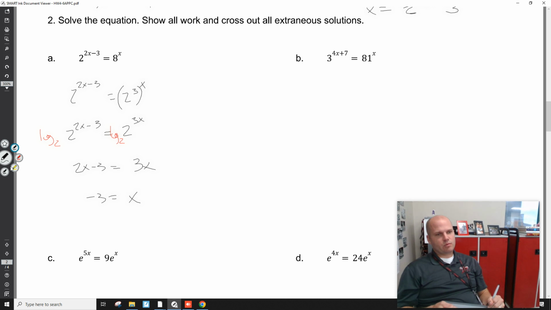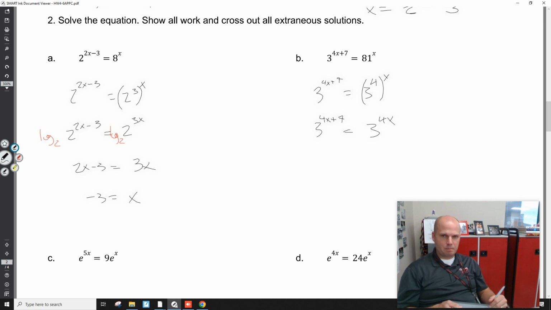Same with this. We notice 81 is the same as 3 to the fourth: 3, 9, 27, 81. It's like we get things down to the same base so that we can take the log base 3 of both sides. Many of you won't do this.